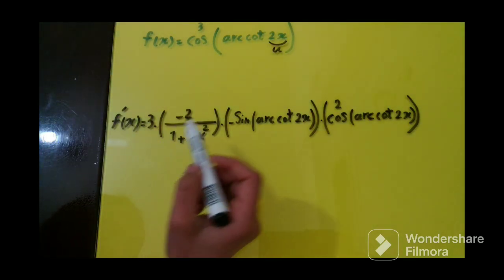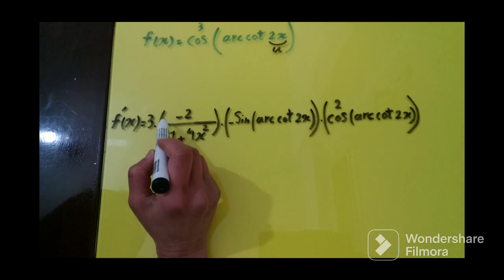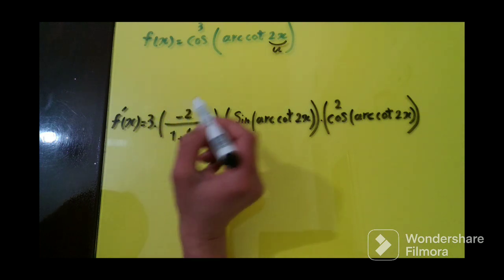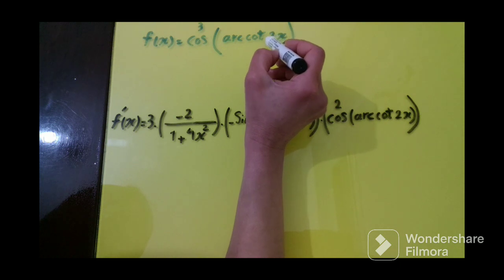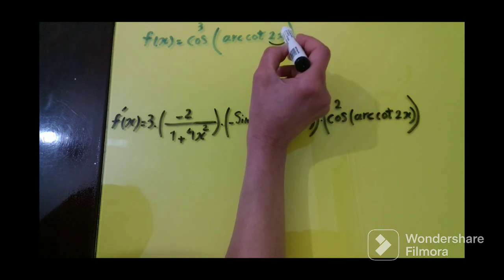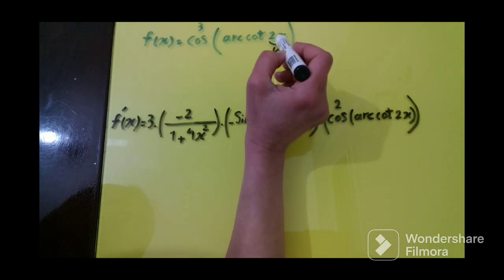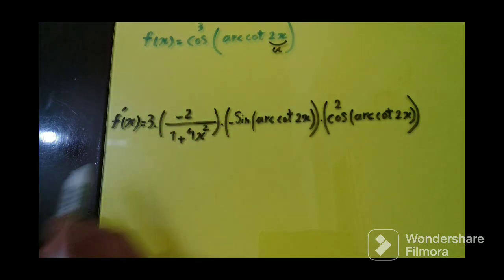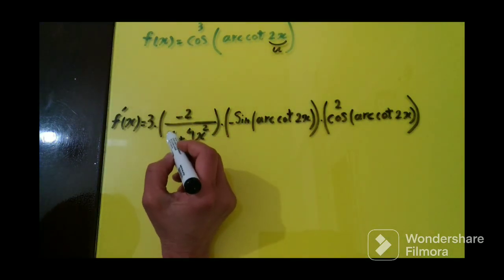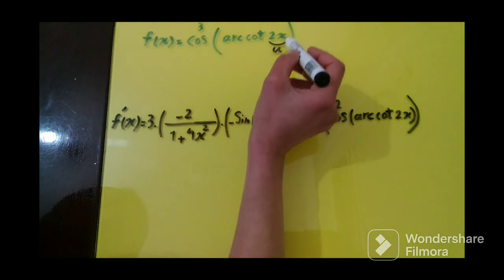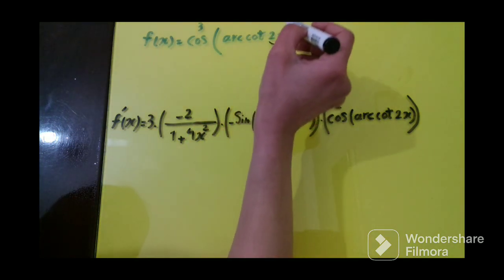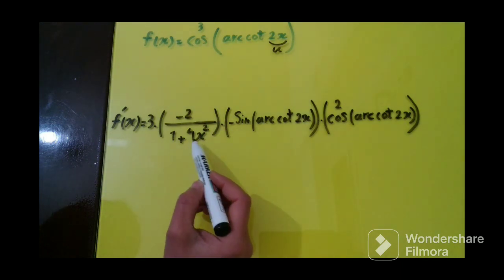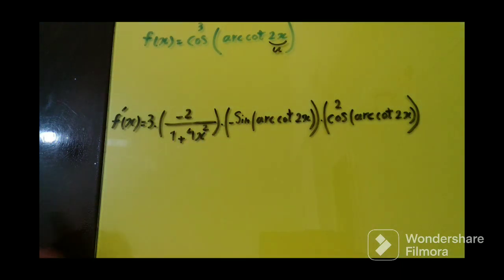So for the up, there is negative u prime. Negative u prime is 2. Because power is 1, just the coefficient is the derivative. It's 2. And for down, it's 1 plus u squared. 2x squared. It's 4x squared.